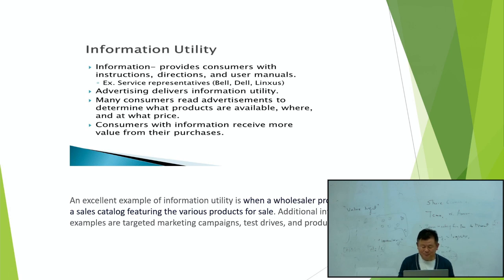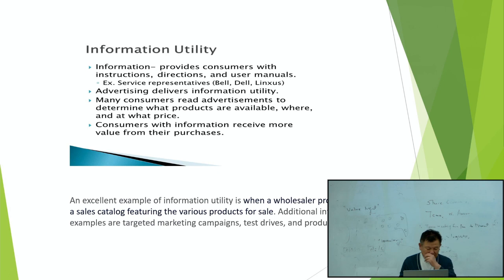So now when you watch YouTube, many ads appear, five seconds. How can you escape that? You pay $10 every month, and then no ads are shown. This is another business there. Consumers with information receive more value from their purchase. This is information utility.